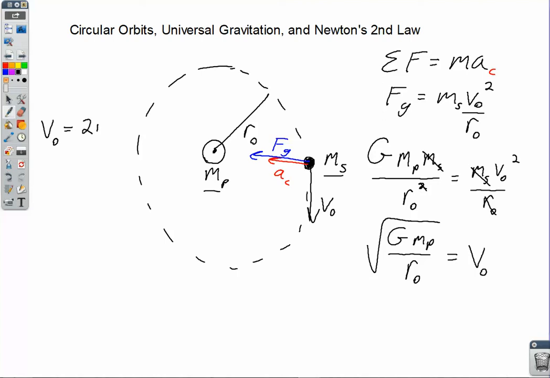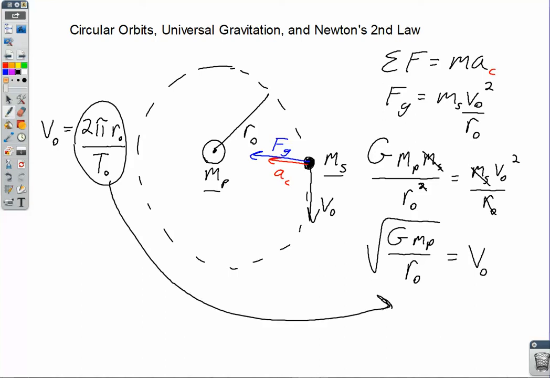That would be the circumference of this circle, 2 pi r orbit. That's just the circumference of a circle, piece of cake. So that's the distance it goes, and the time that it takes is one orbital period, T orbit. So we're going to take that equation and plug it in for the orbital velocity over here. And we're going to do that on the next page.